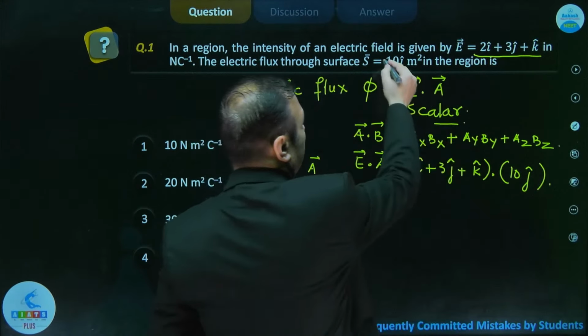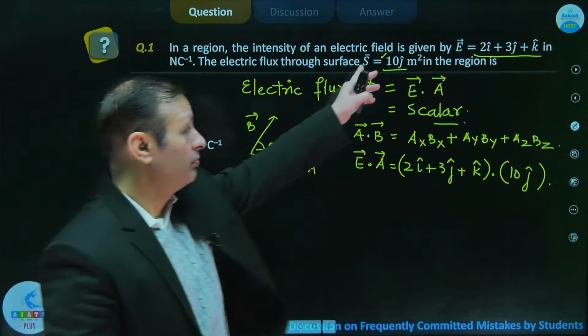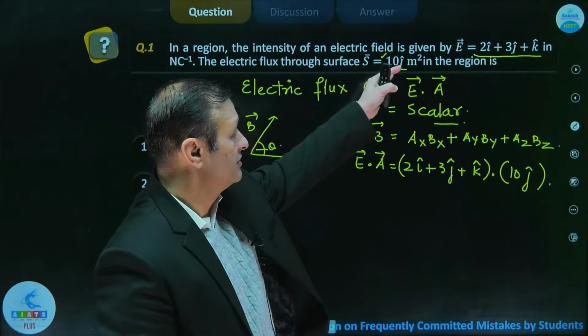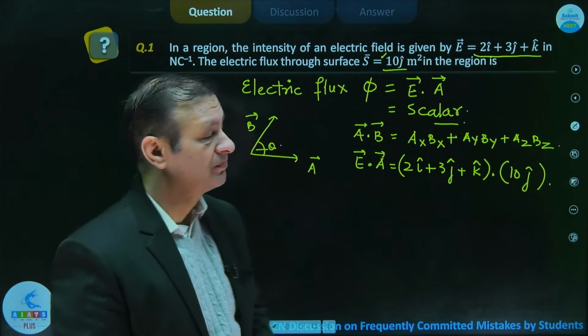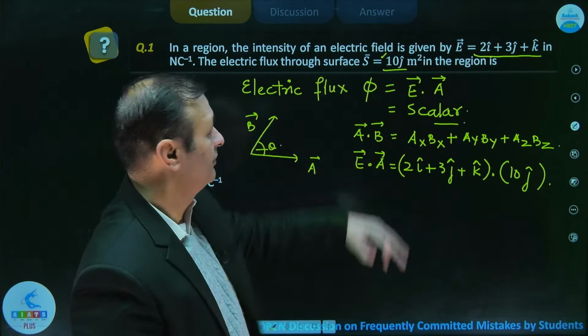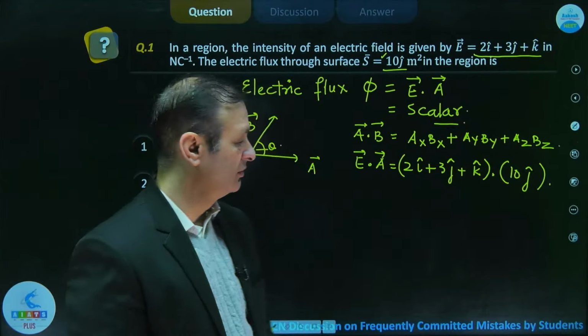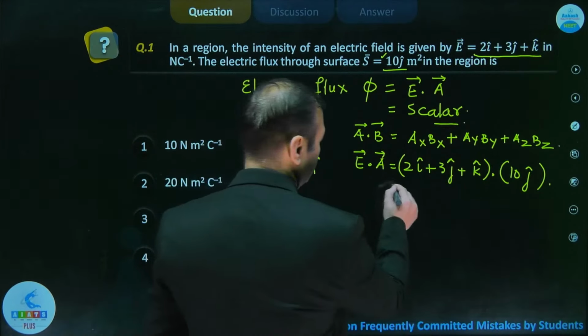It means the x component and the z component are not there for the area vector that is represented by this S. So this is the dot product for these two vectors.